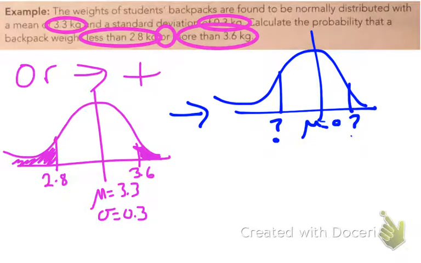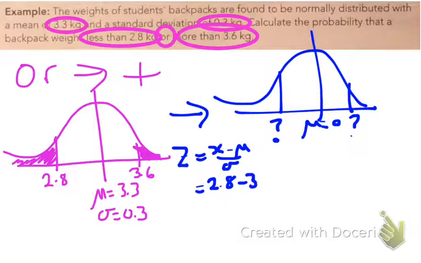So let's do those calculations. So Z equals x take away mean over the standard deviation, and we'll do the first one, so that's our 2.8 kilos, so we're going to 2.8 take away the mean of 3.3 over our standard deviation of 0.3, and that is going to give us a Z value of negative 1.667.